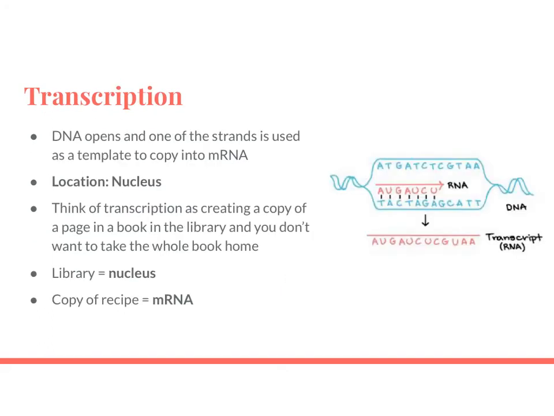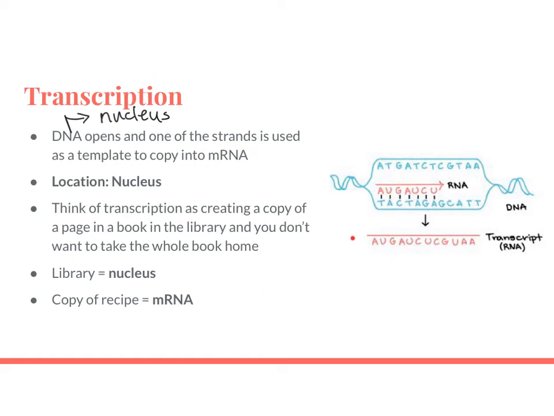So next we're going to move into the process called transcription. So when we talk about protein synthesis, there's going to be 2 parts, transcription and translation. What happens during transcription is we're going to take our strand of DNA, which again is located in the nucleus. And then what we want to do is we're going to take a copy of one of those sides, but we're going to do it in mRNA.